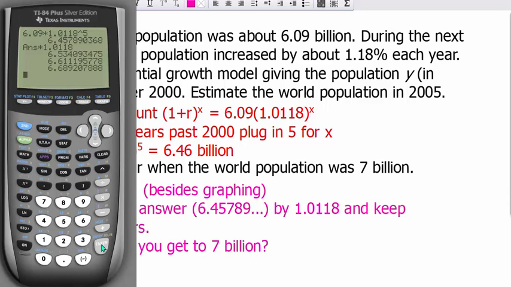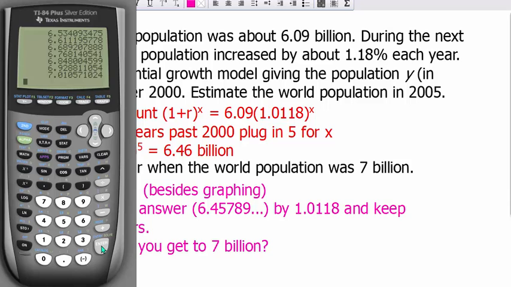2007, 2008, 2009, 2010, 2011, 2012. The calculator took my last thing that I said to do, which said take the answer, multiply by 1.0118, and it just kept doing that for me.